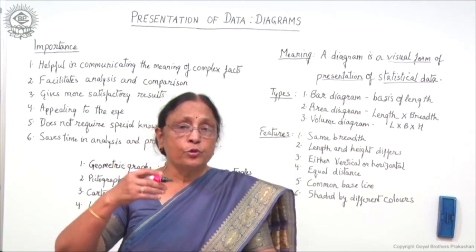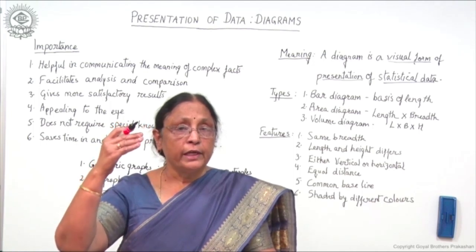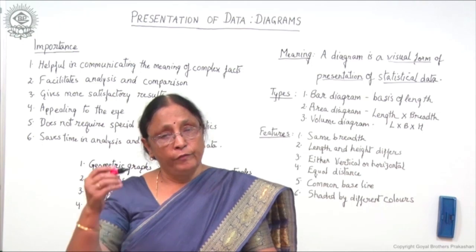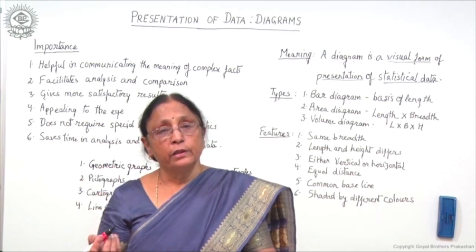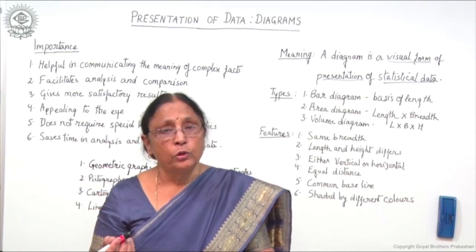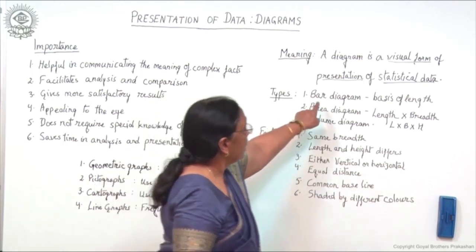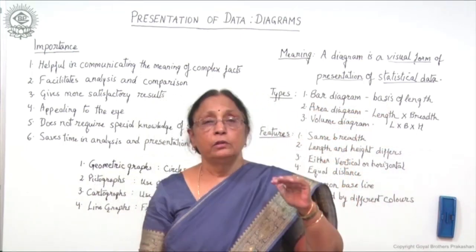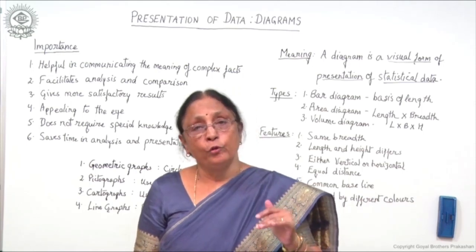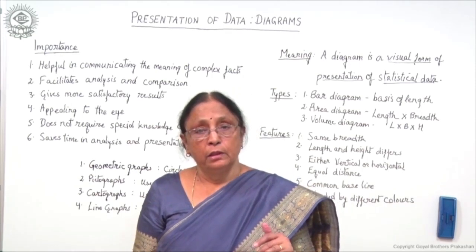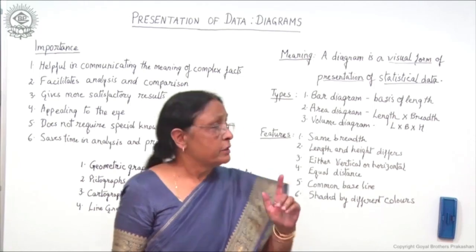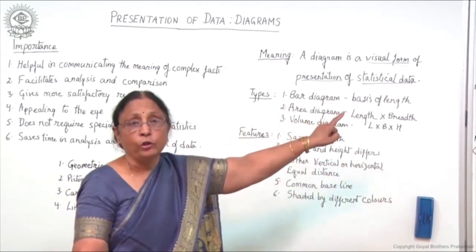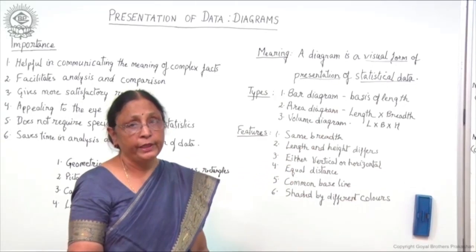The bar which shows greater length is given a higher value, and a short bar shows the smaller value. So, the length of the bar makes the comparison of numerical values easier. This is one type of diagram, which is on the basis of length of bars, right.